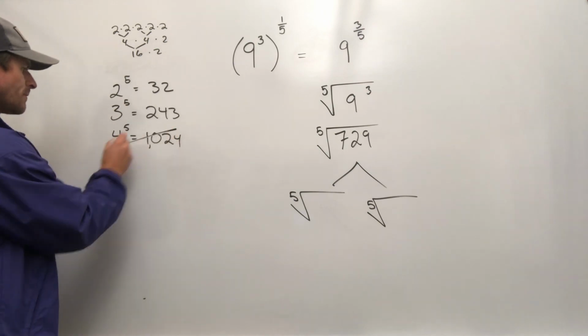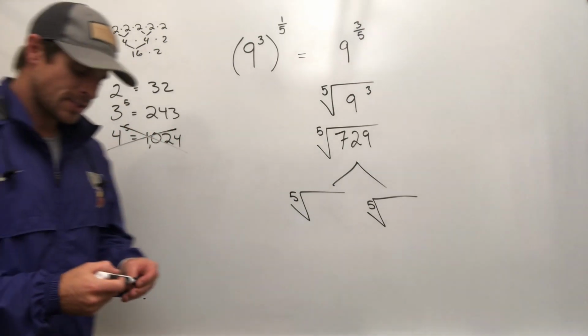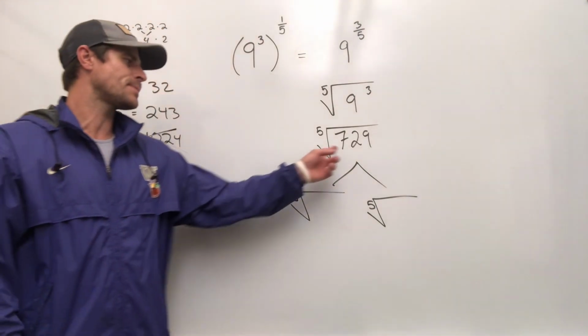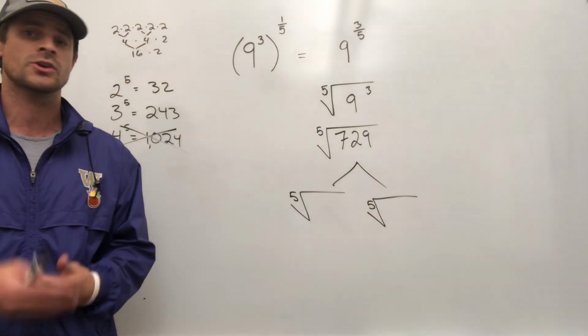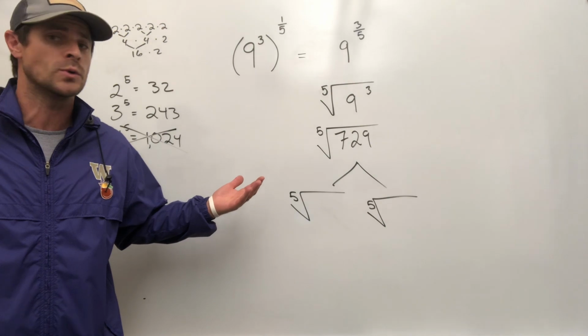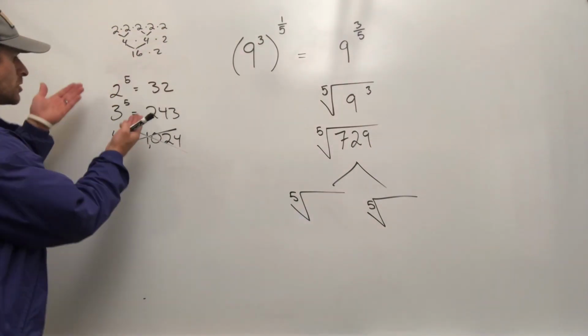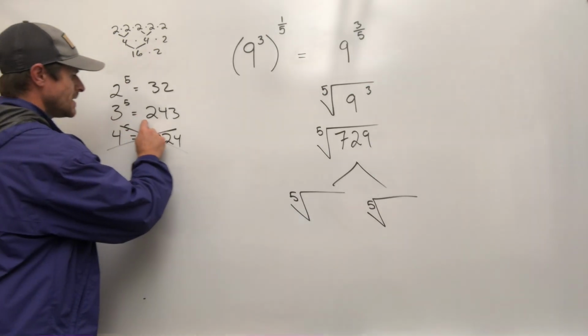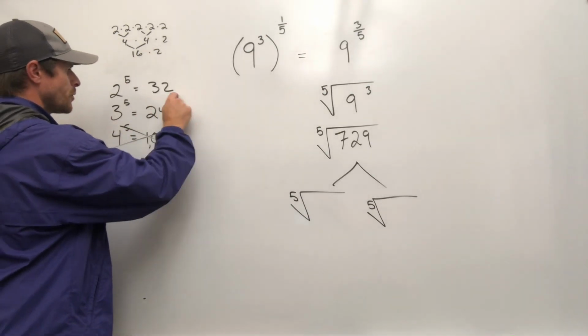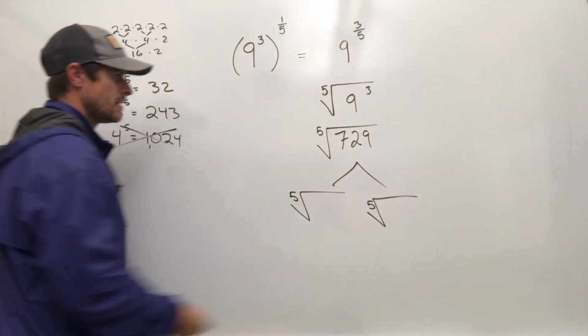So that one's off the table. So while the person sitting next to you might be dividing this by 3 and then by 4 and then by 5 and then by 6 and just continually trying these numbers that really aren't going to help them move forward anyways, you're going to look at your list and say 729 needs to either divide nice and neatly with 243 or 32. If it does not, you're done.